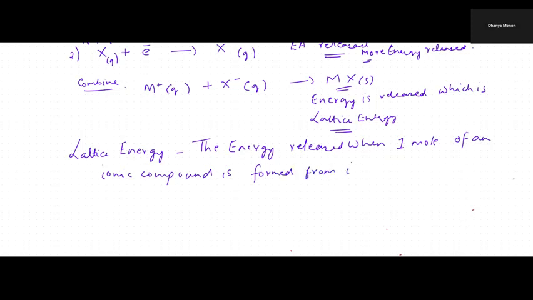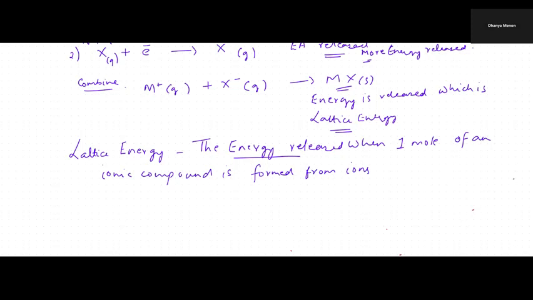Now, students, always remember whenever energy is released, the more energy released, the more stable the compound formed. Calculation of lattice energy is important, a lot of questions are asked from that part. We will be doing that in the next video.